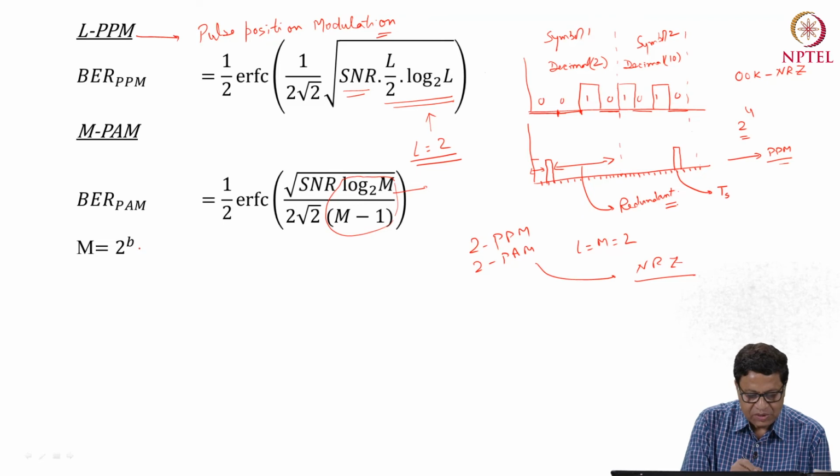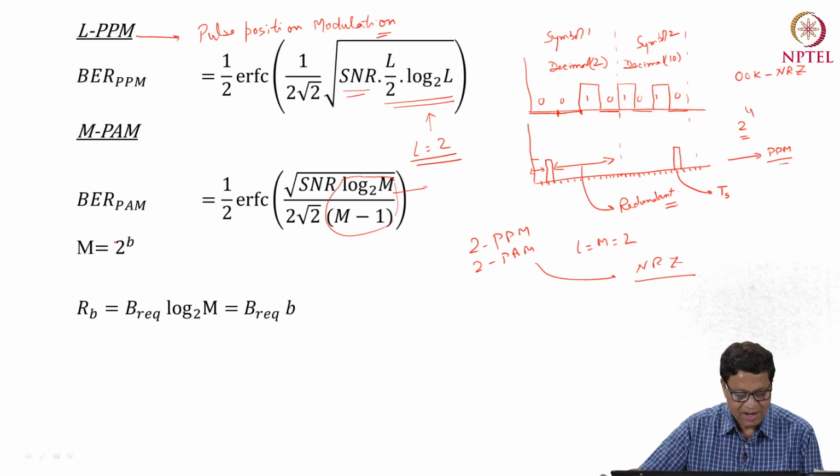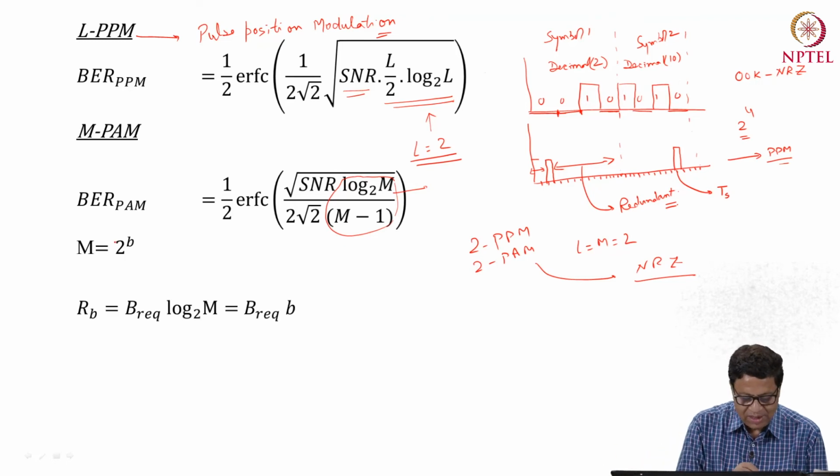And M, as we saw earlier, is in terms of bits. If you want to write, then M is equal to 2 raised to the power B. Now let us also understand the bandwidth required. RB is the data rate. The data rate will actually be increased by log 2M in case of PAM signal.